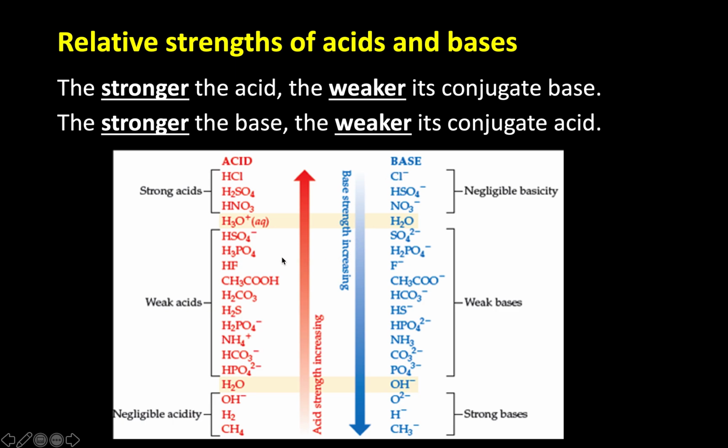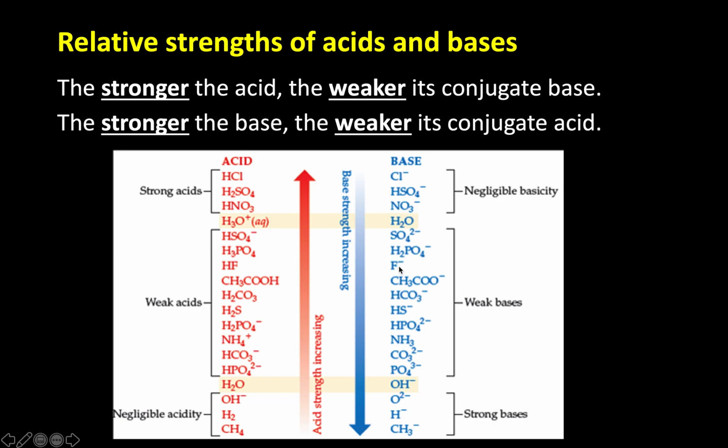Now if we go further down, let's say to hydrofluoric acid, it is considered to be a weak acid because it doesn't split up in water very well. So the fluoride then is a base because it can grab onto a hydrogen out of the water.